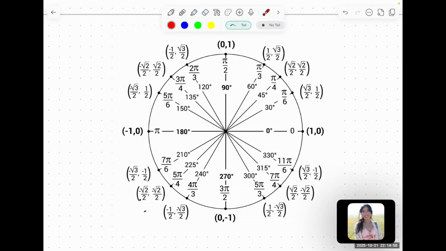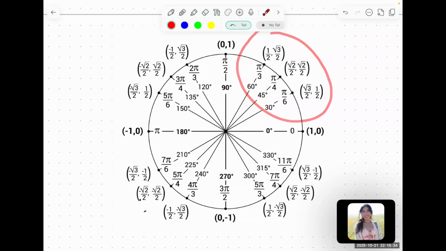So we have the degrees, degree of 30, degree of 60, that corresponds to a certain fraction. So for instance, 30 degrees corresponds to pi over 6, which gives you the x and y coordinate. In this case, it's square root of 3 over 2, comma, 1/2. And essentially, we have 4 quadrants, but each of them are going to look pretty similar to the first one.